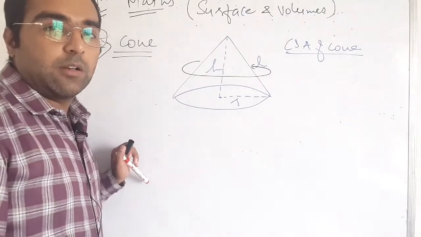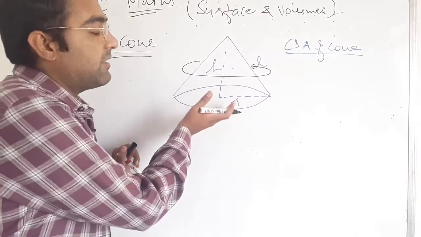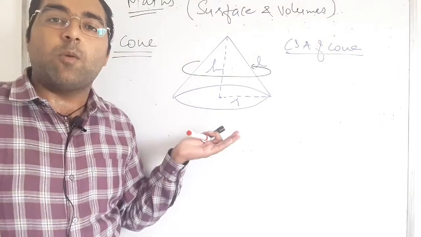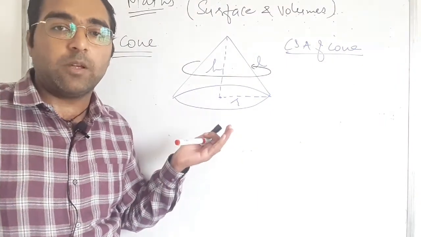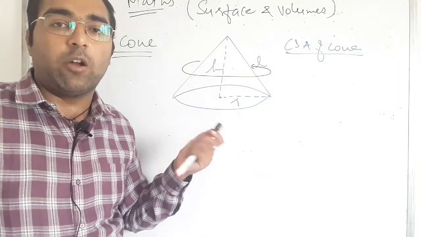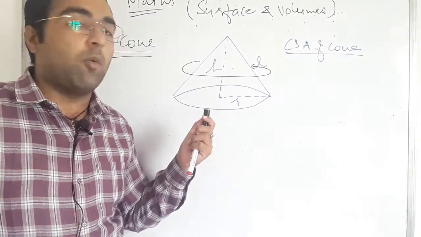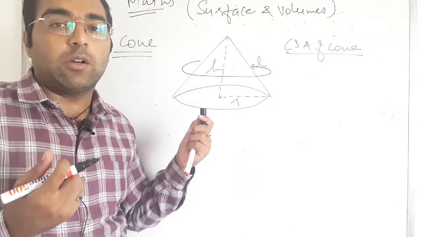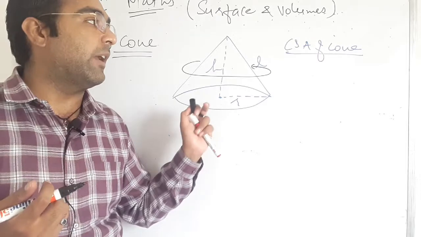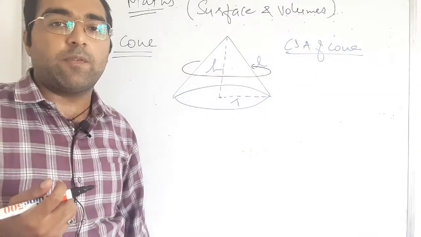Whenever we take the curved surface area of the cone, the base is open, like a cap, a birthday cap, or an ice cream cone. It is open from the base, so for that we take the curved surface area of the cone.